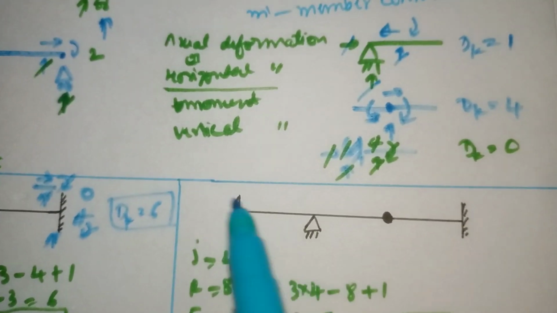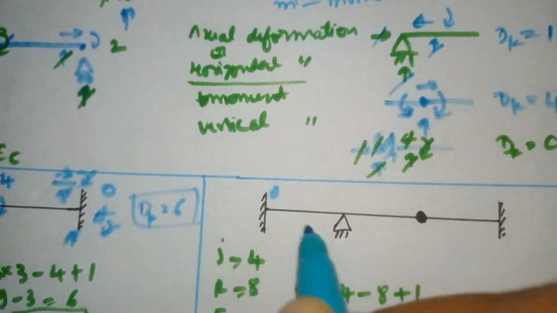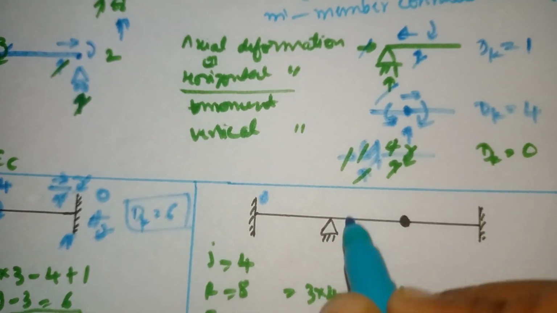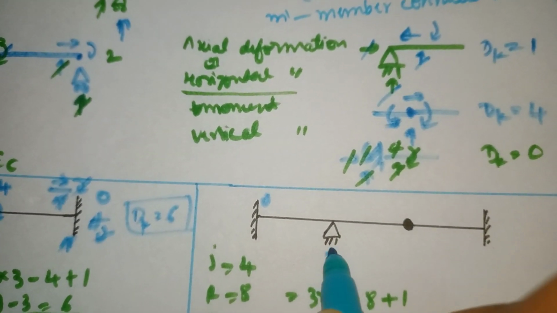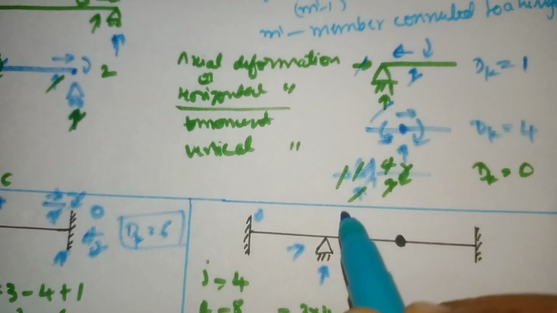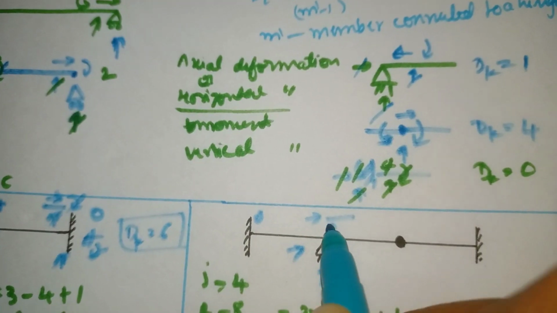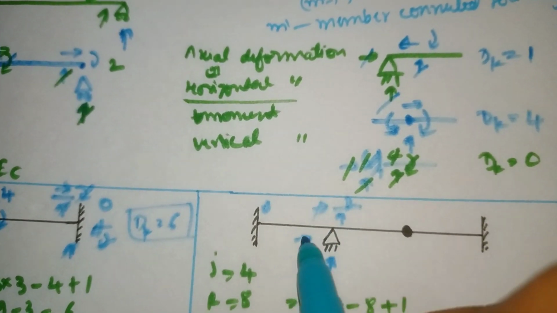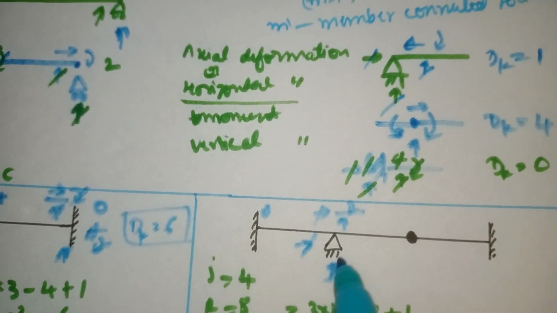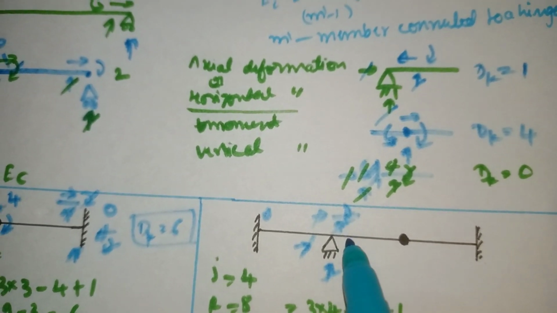If you see here at the fixed joint, our dk value is 0, and at the hinge, I will show one more time. At the hinge, horizontal and vertical reaction will take place at this joint. The possible deformations are vertical, horizontal, and one moment. The horizontal will get cancelled, and your vertical force will get cancelled. The only thing remaining is the rotation.